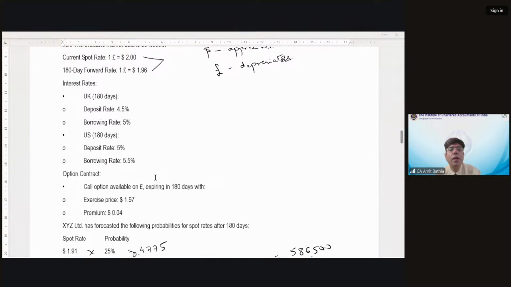If I do a money market, borrow in dollars, right? Convert to pound, invest in pounds, repay dollar loan in 180 days. Am I right? Essentially be borrowing in dollars, right?